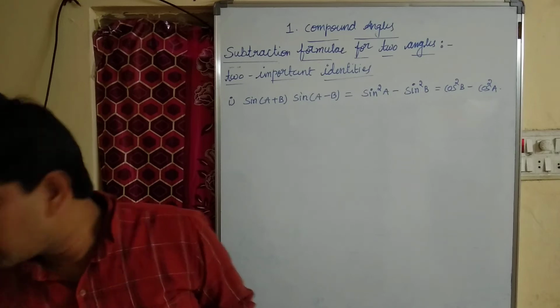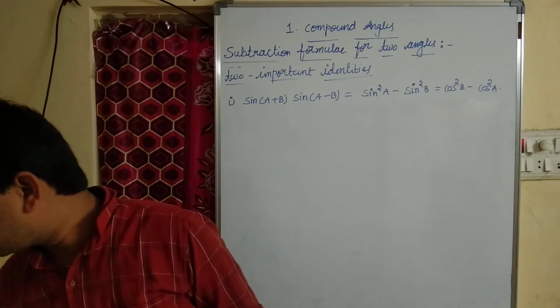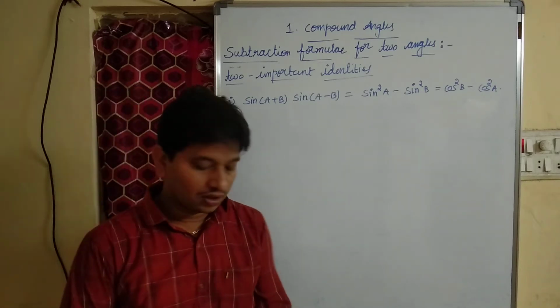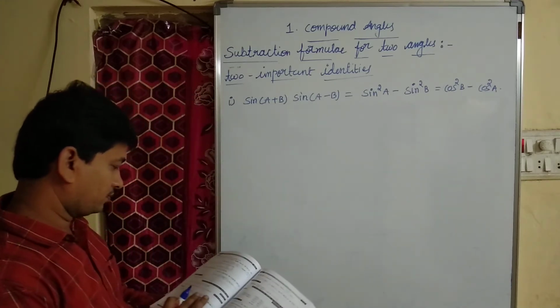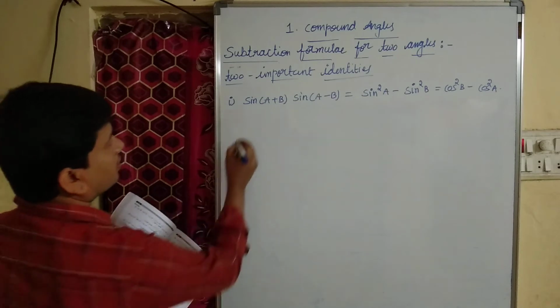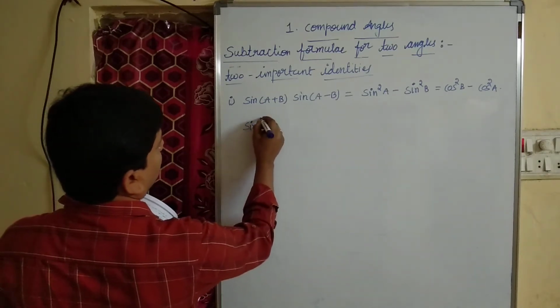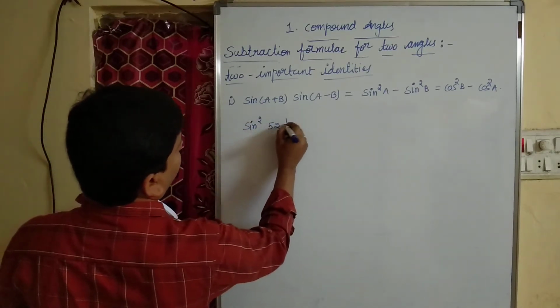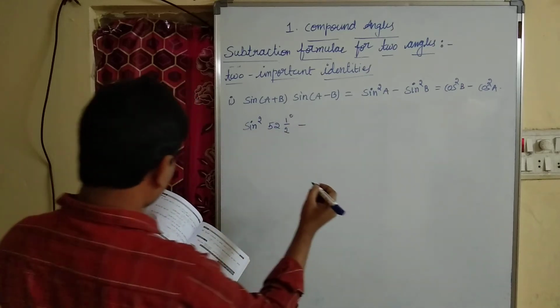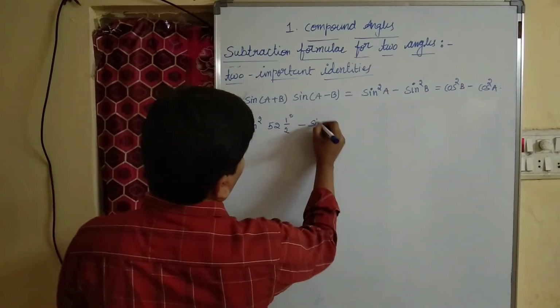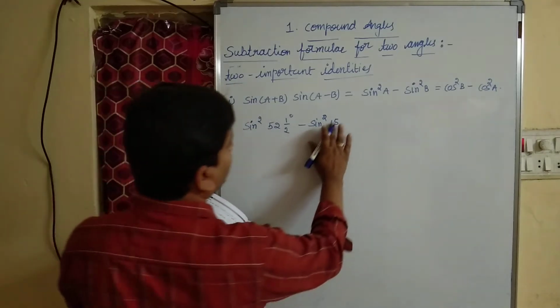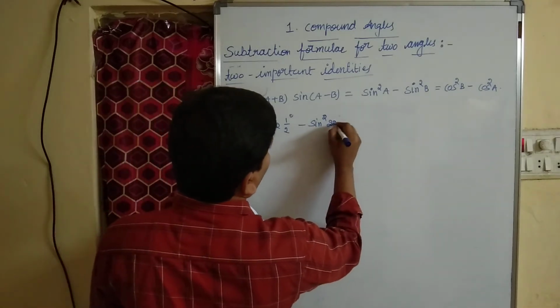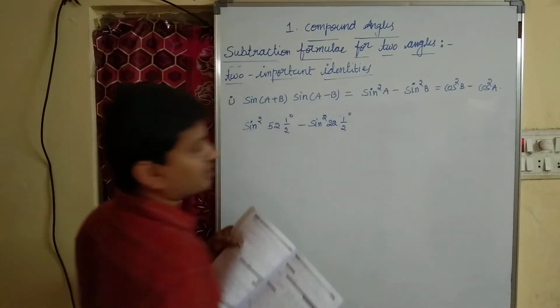So based on this, let us solve one problem, that is sin square 52 and 1 by 2 degrees minus sin square 22 and 1 by 2 degrees.